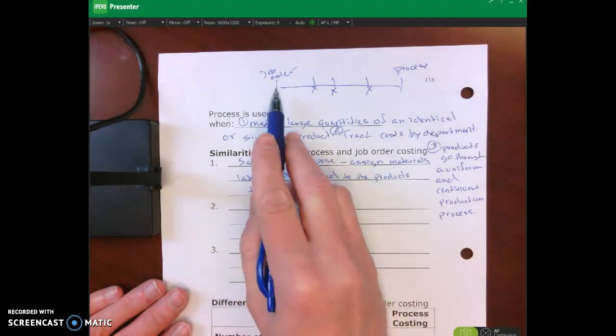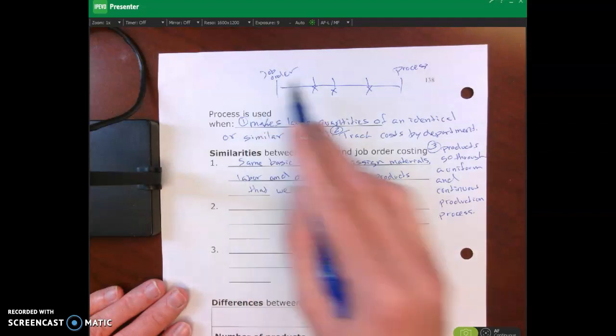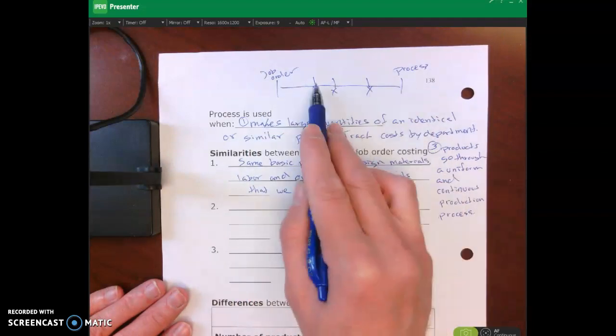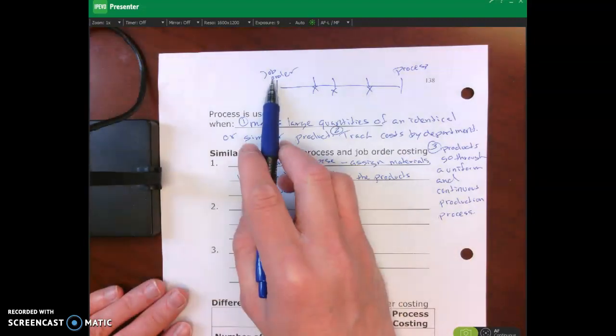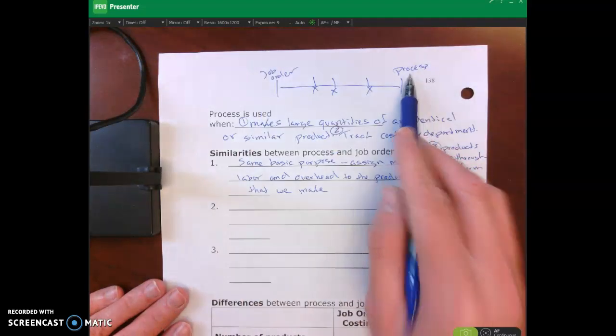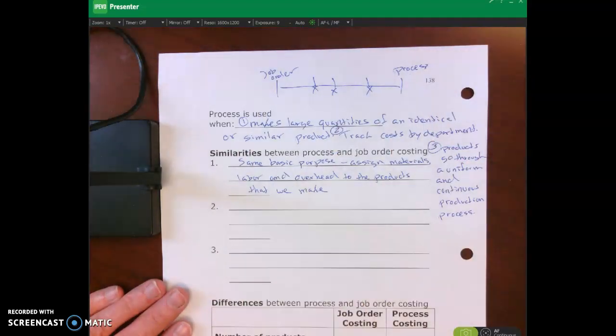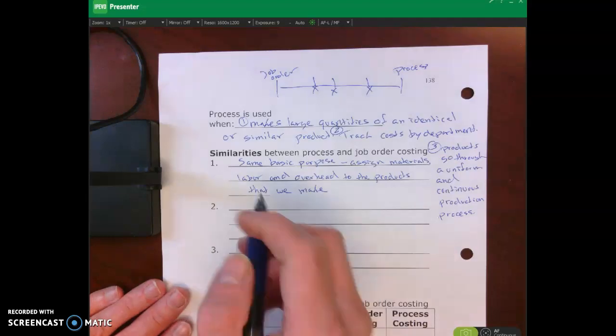They could use some forms of job order and some form of process in some type of a hybrid system, okay? But for the purposes of this course, we're either saying you're job order or you're process, okay? But they do have the same basic purpose, which, as product costing systems, is that we assign materials, labor, and overhead to the products that we make.